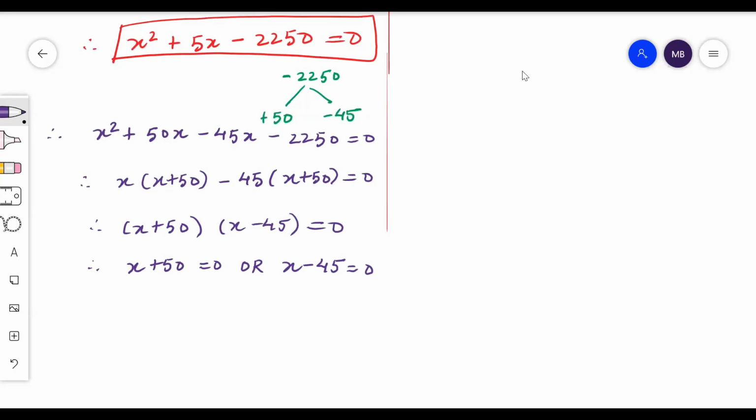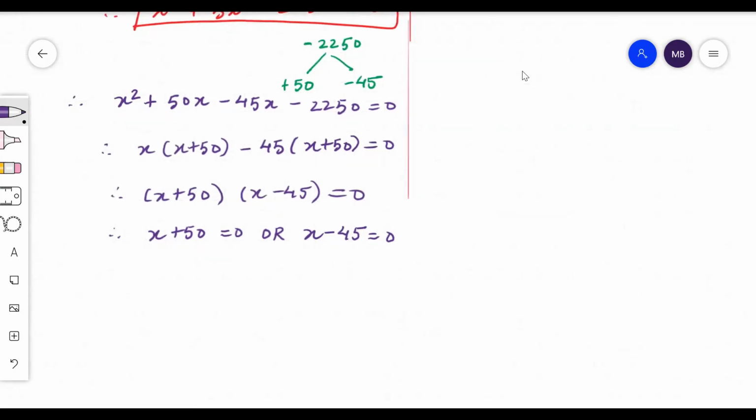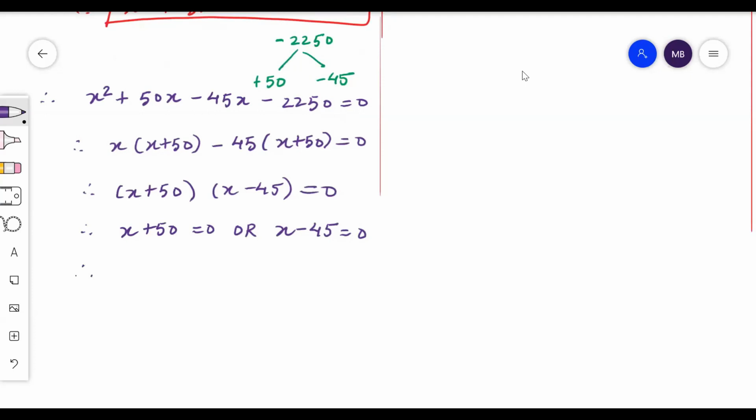So 50 into 45 is 2250. And if I subtract 45 from 50, I get plus 5. So I solved the quadratic using splitting up the middle term. We got two terms, x plus 50 equal to 0 or x minus 45 equal to 0. So x is equal to minus 50 or x is equal to 45.